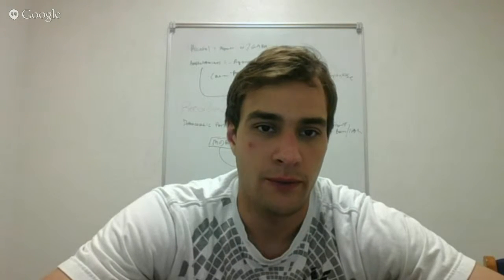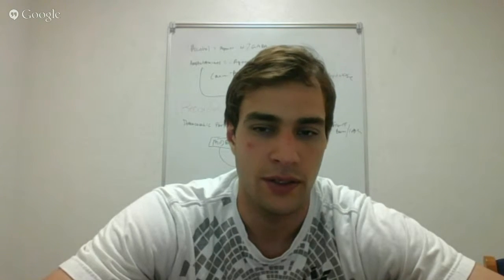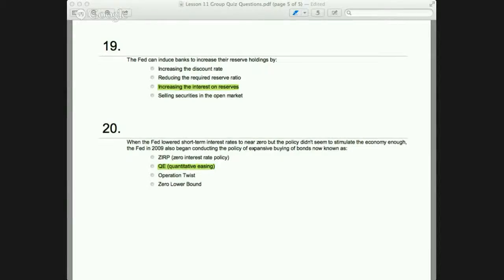No, it's QE because it says here that the Fed's response to the zero lower bound problem was quantitative easing, and the first round of quantitative easing began in March 2009 and involved the Fed purchasing 1.75 trillion worth of bonds. So I think it's going to be QE. Yep. All right. Well, I think that's it.